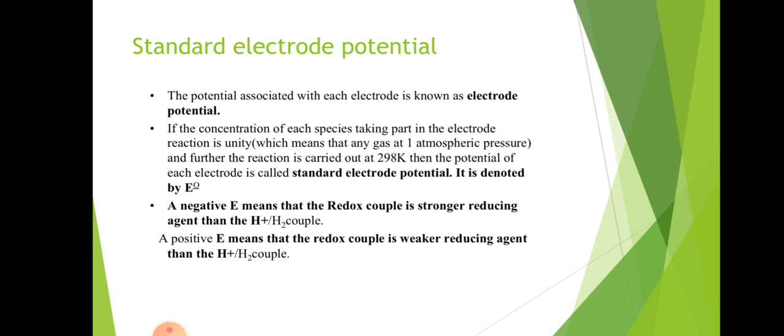But if the concentration of each species taking part in an electrode reaction is unity, meaning any gas is at 1 atmosphere pressure, and the reaction is carried out at 298 Kelvin, then the potential of each electrode is called the standard electrode potential, denoted by E0.